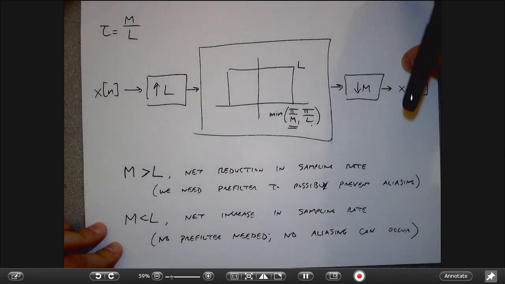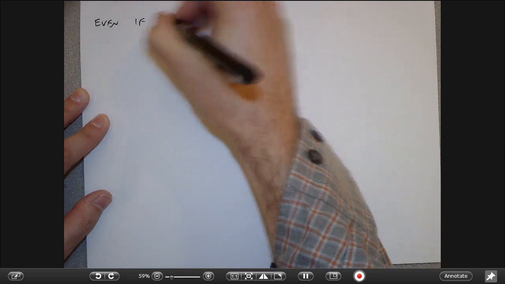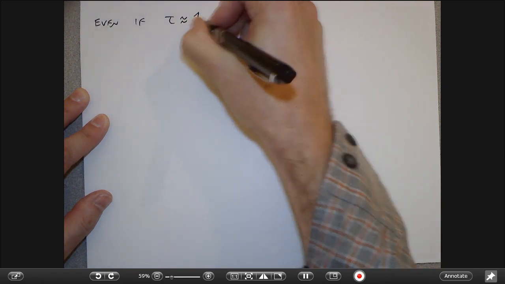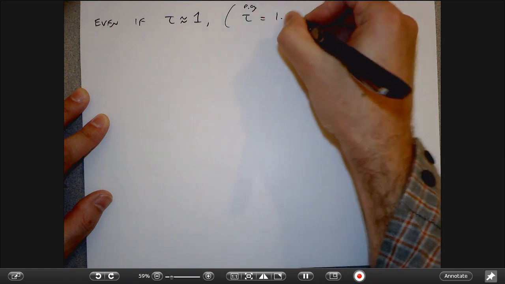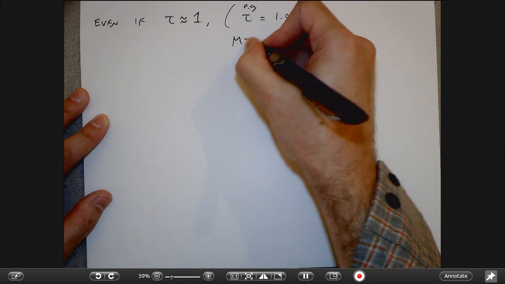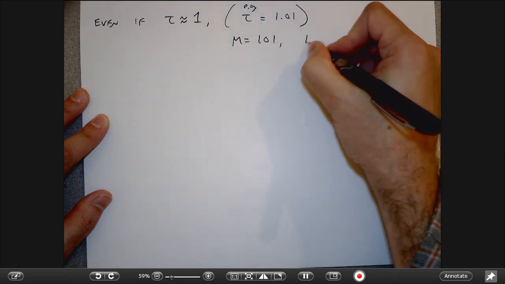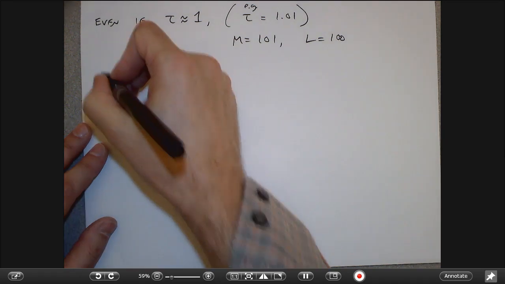So for example, even if my tau is really close to 1, say tau equals 1.01, that would be like saying I would choose M equal to 101 and L equal to 100. And so this would be bad.